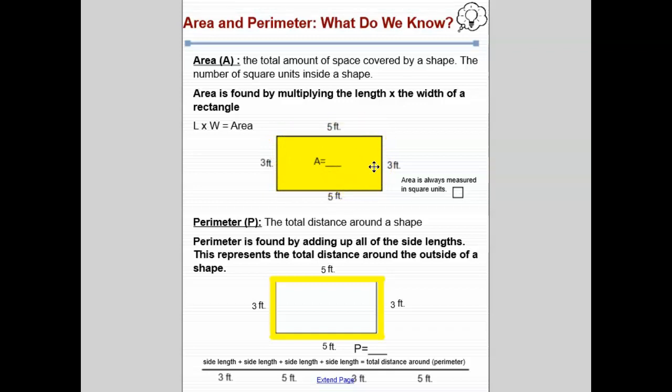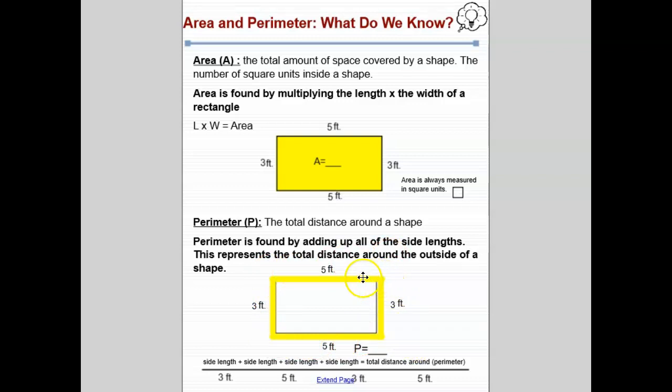We know that perimeter is different. Perimeter only accounts for the total distance around the outside of a shape. We know that perimeter is found by carefully adding each side length together, and that tells us the total length of all of the side lengths combined.